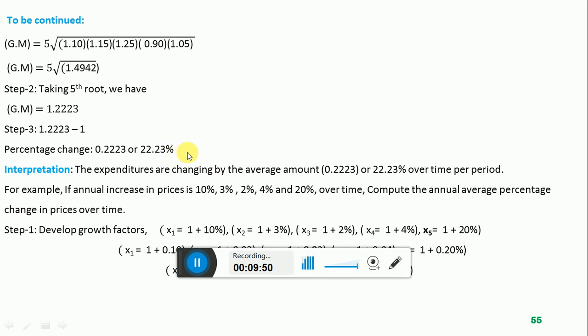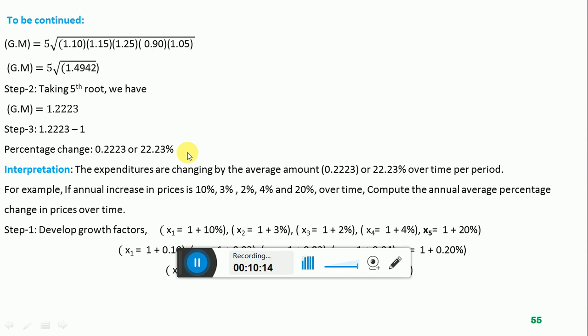What does this mean? What is the interpretation? The interpretation is that the annual transport expenditures of the Salam University are increasing by 22.23%.